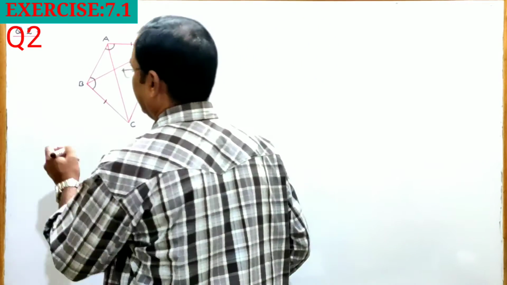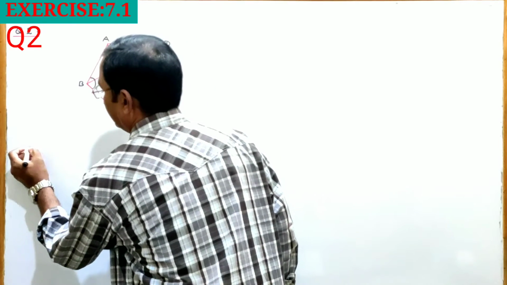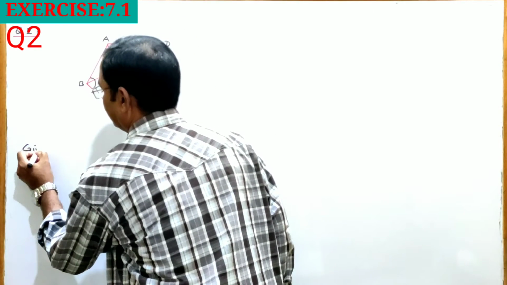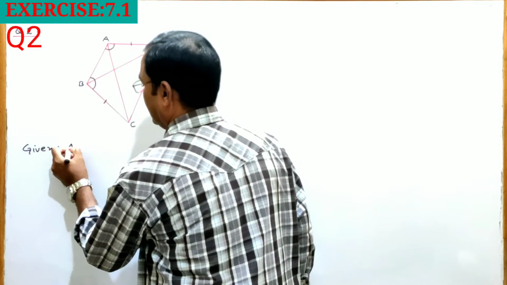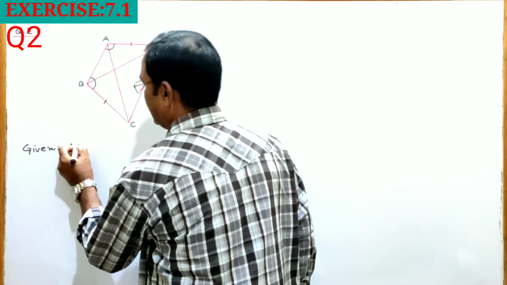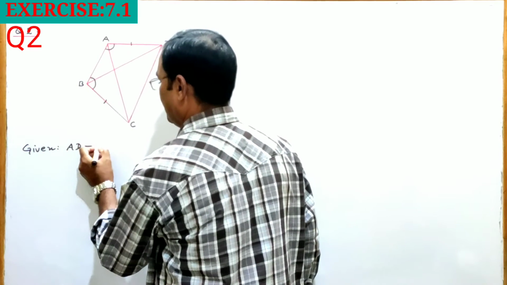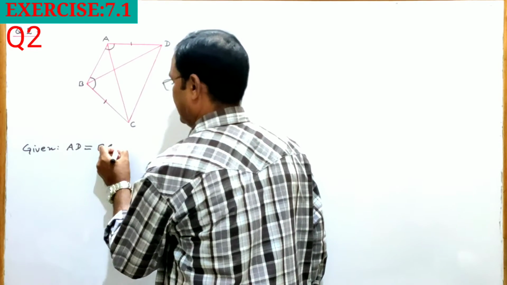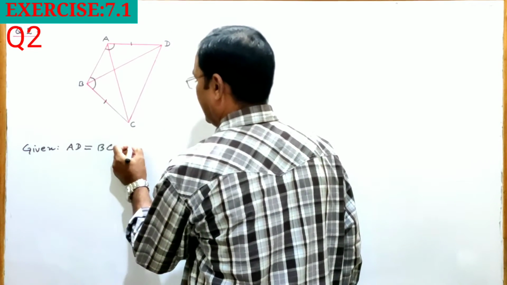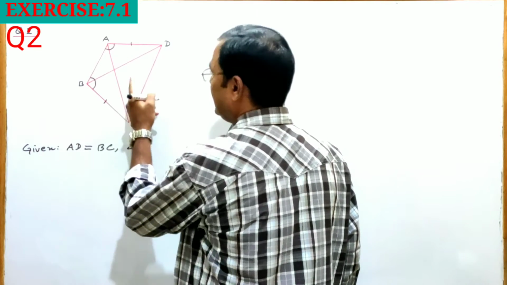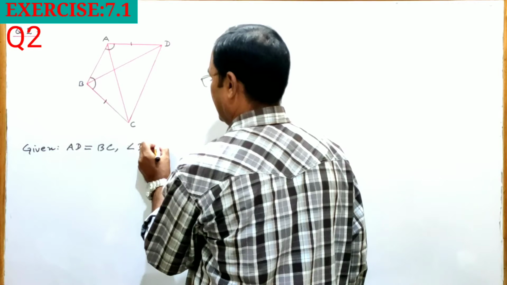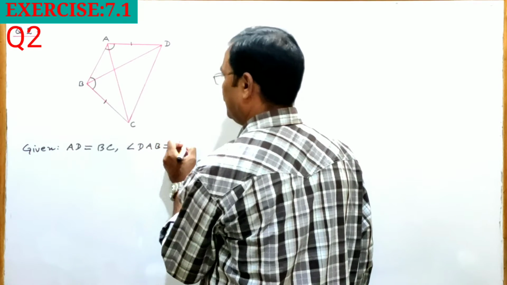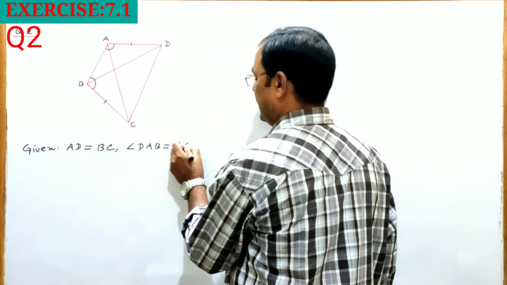So first let's write given. In quadrilateral ABCD, AD is equal to BC. It is given, and angle DAB is given equal to angle CBA.